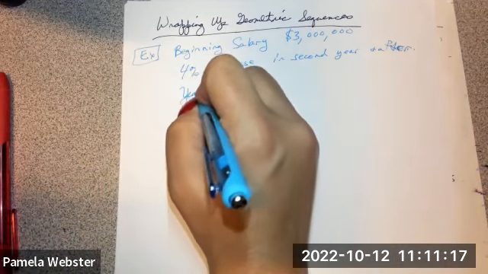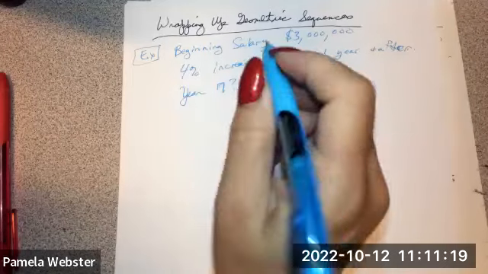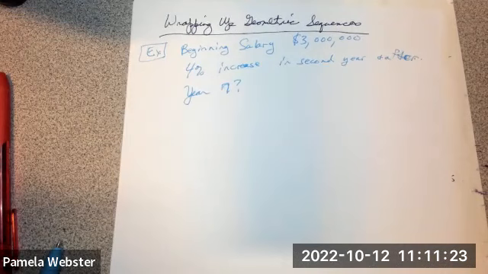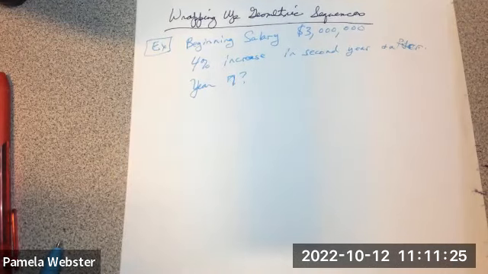So year 7. Now, if it's a small number like 7 years, yes, you can go ahead and multiply by 0.04 and add it in. That'll give me the second year and so on. But if they wanted to know about 10 years, 15 years further on out, we don't want to do this repeatedly.